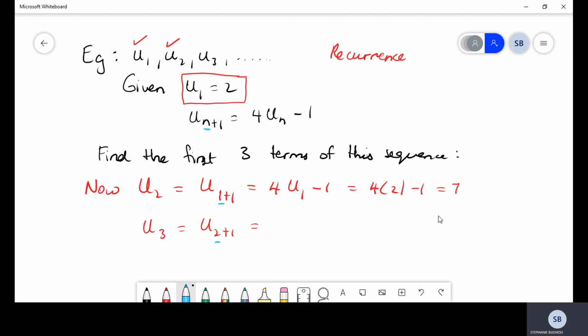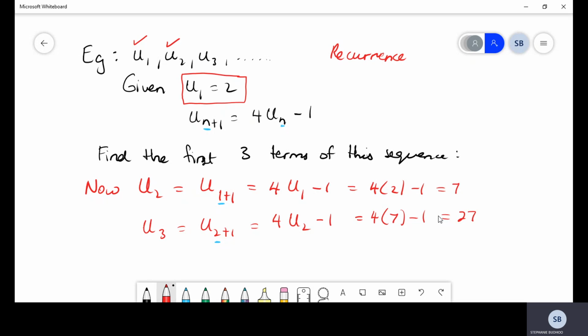When n takes a value of 2, we will have 4 U2 minus 1. The question didn't originally give us that value, but we worked out U2 to be 7, so we can substitute that in there. 7 4s are 28, minus 1 is 27. And there we have it.